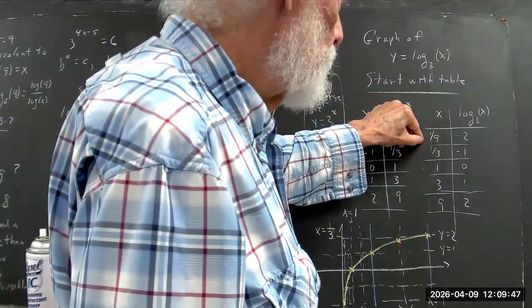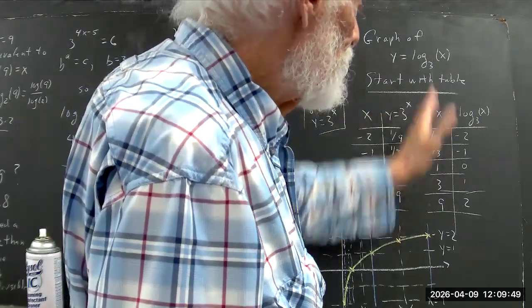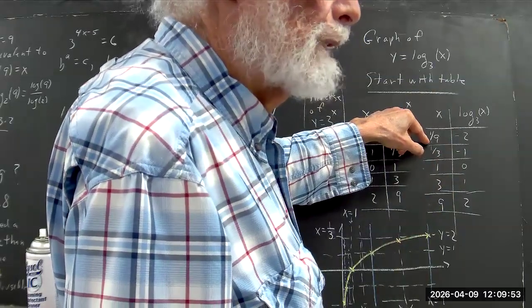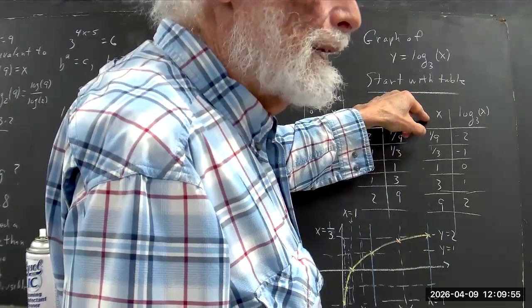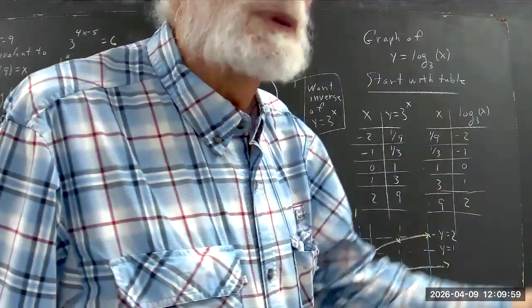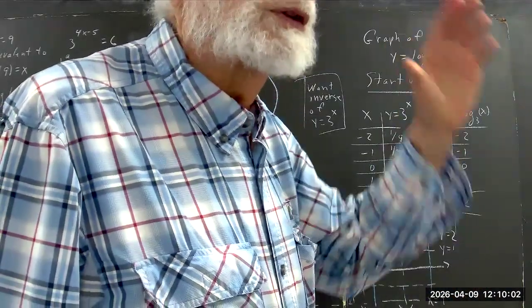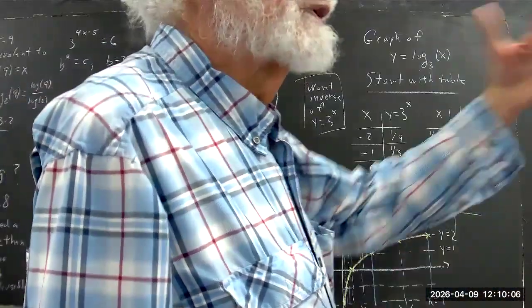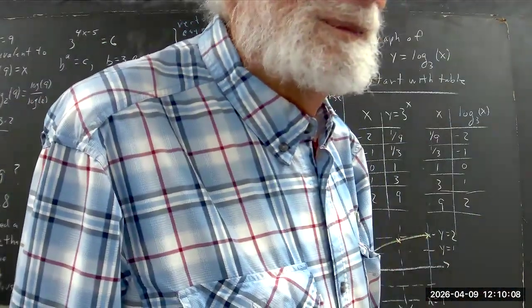So we could keep going x values in this direction. Next one would be 1/3 of 1/9, which would be 1/27. Next would be 1/3 of that, which would be 1/81. Next would be 1/3 of that, which would be 1/243. The next would be 1/3 of that, which would be 1/729.